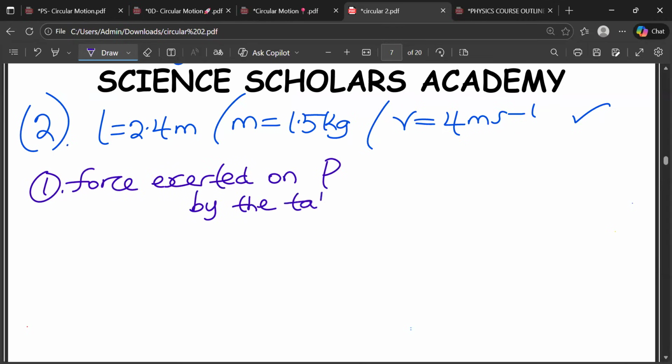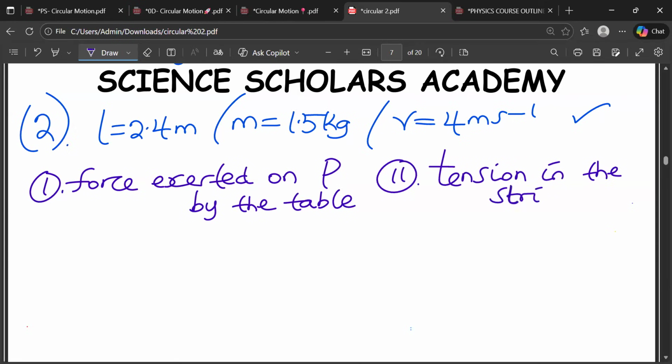These are just basics of motion in the horizontal circle. Then Roman 2, they want the tension in the string, which is equal to the centripetal force. So I'm waiting for answers.